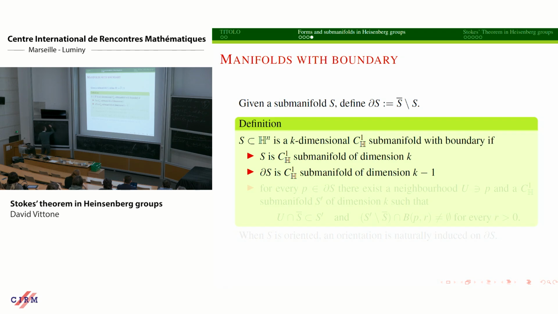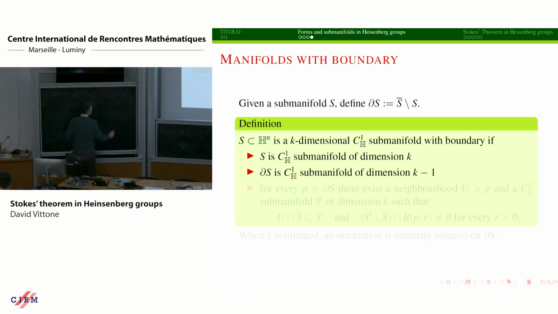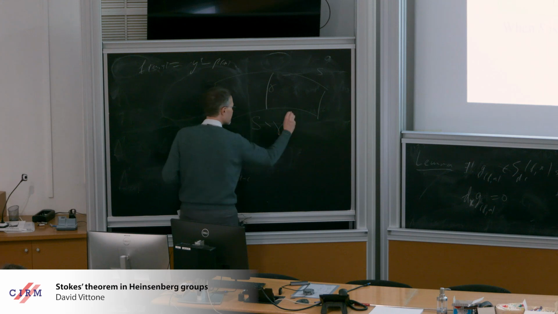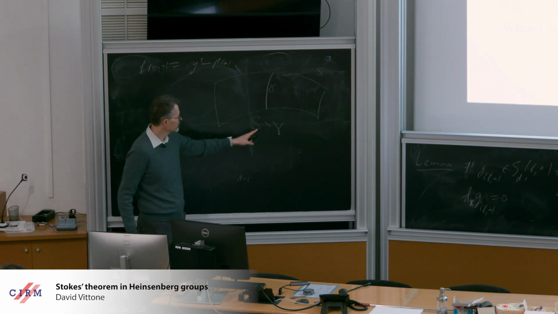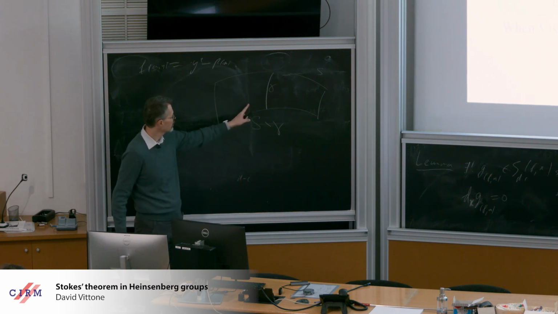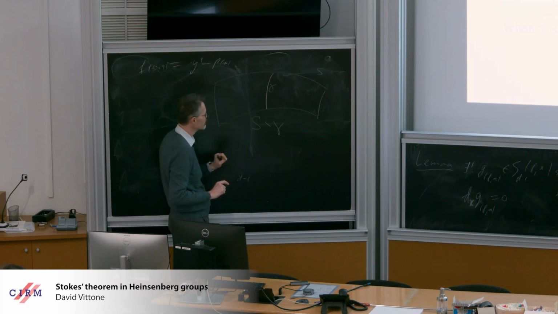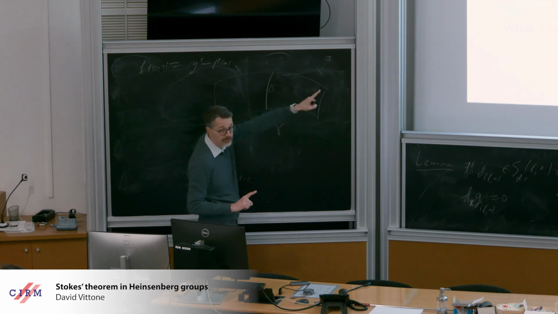you could take a submanifold S, maybe a surface, and remove a curve gamma. Now if from S we remove a curve gamma, we are left with two separated components, right? And they fulfill these two definitions.